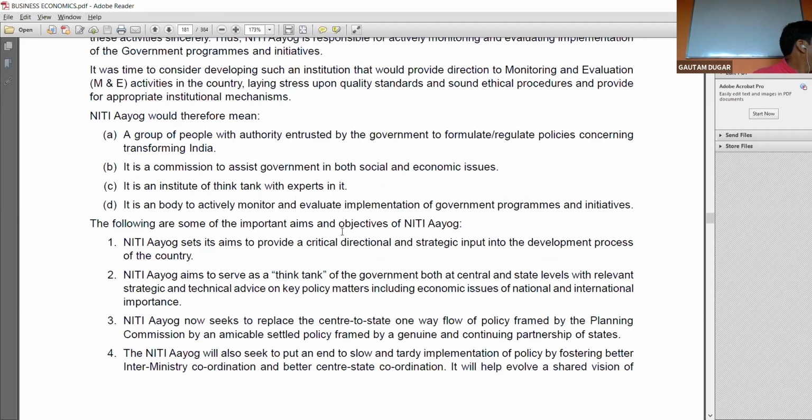Niti Aayog basically will serve as a think tank for the government, both at the central and state level. It frames the policies and gives technical and strategic advice to the central government and the state governments for fostering the development of the economy.